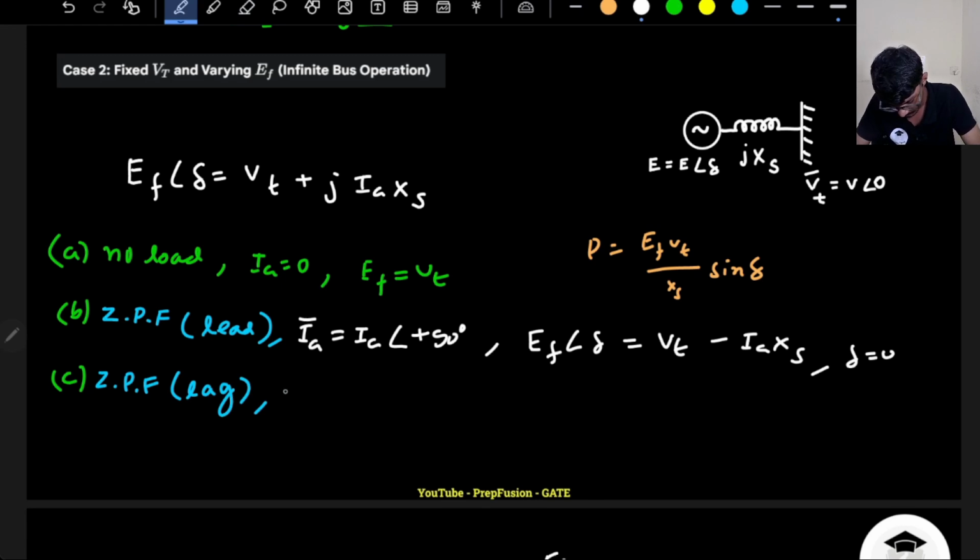So 0 power factor lagging case, IA will be equal to IA angle minus 90.